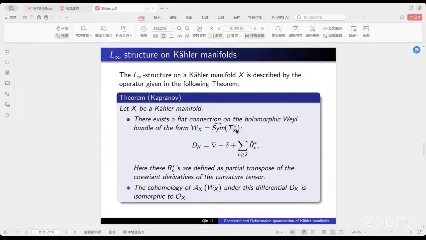And then when you quantize that, you take the endomorphism part, so you also have a holomorphic cotangent bundle. But then using this Kähler structure, you turn the tangent bundle part into an anti-holomorphic cotangent bundle.